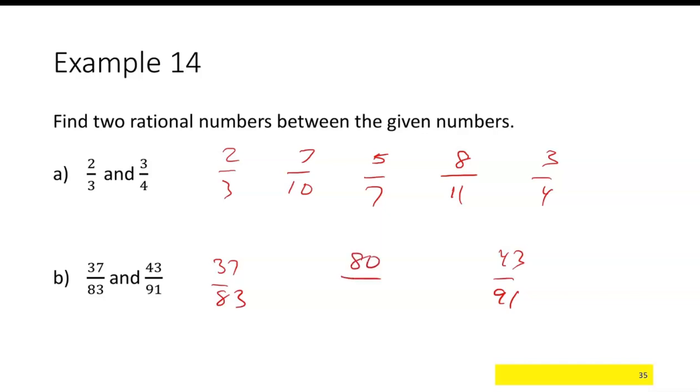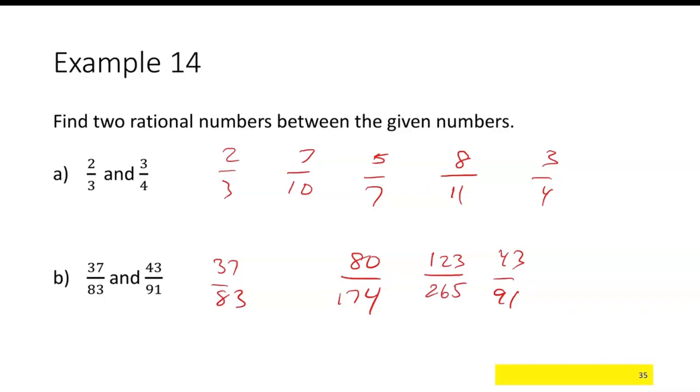And then 83 plus 91 is 174. And then if I want to find another one, between 80 over 174 and 43 over 91, if I add the numerators together, that's 123. If I add the denominators together, that's 265.